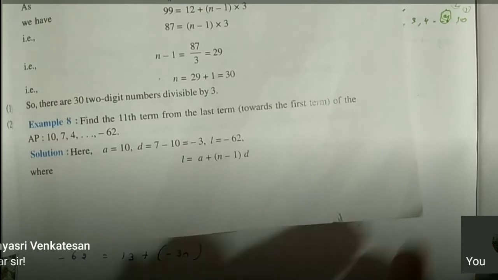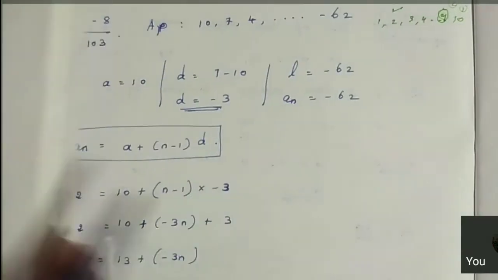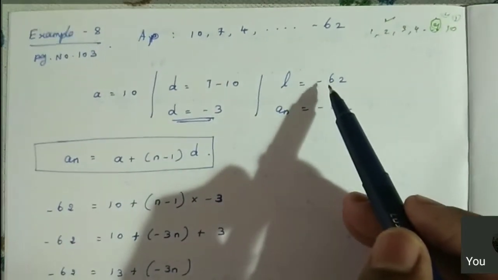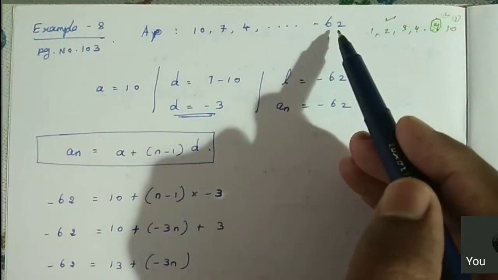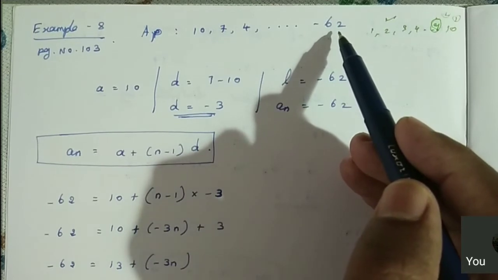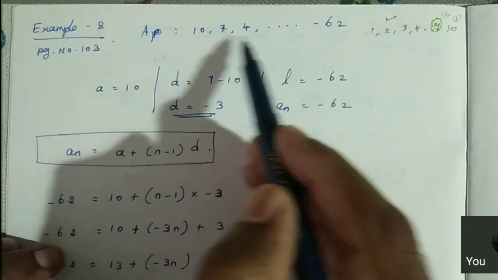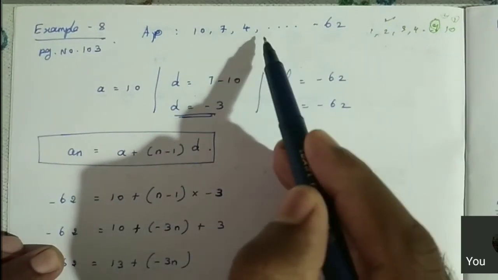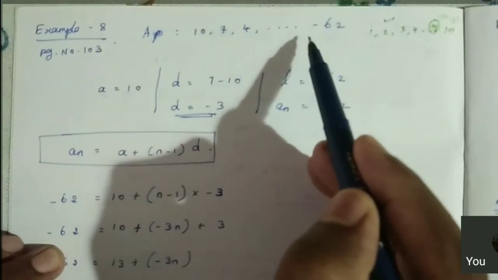Now, see here, the same thing. First, we should find how many terms are in this AP. Do you know how to find the number of terms in an AP?